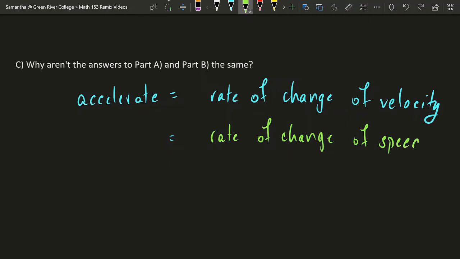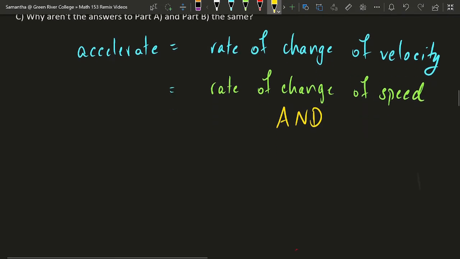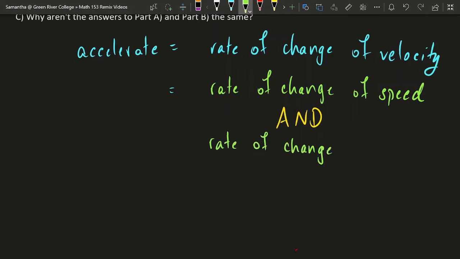And so acceleration has the potential to change the object's speed. However, velocity also contains information about the object's direction. And so acceleration also contains information about what's happening to that aspect of the object's movement. Acceleration captures both the changes to the object's speed and the changes to the object's direction.